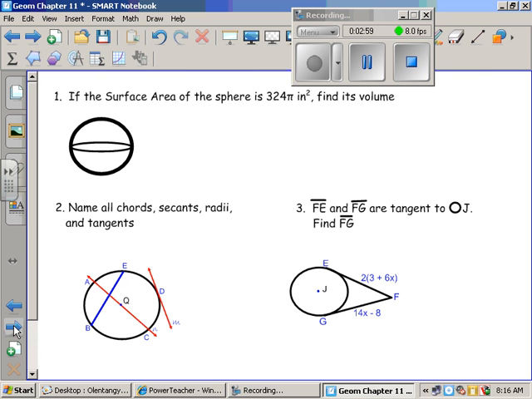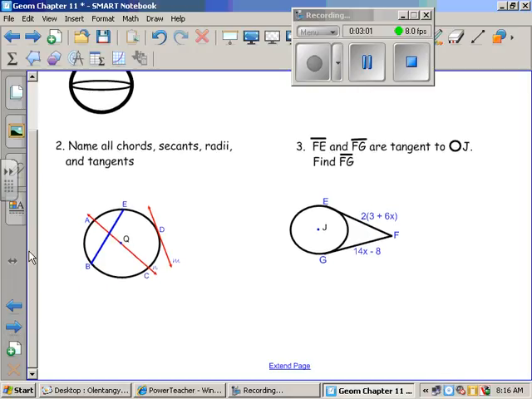All right, let's take a second and do this one. So I made EF equal FG. So 2 times (3 plus 6x) equals 14x minus 8.